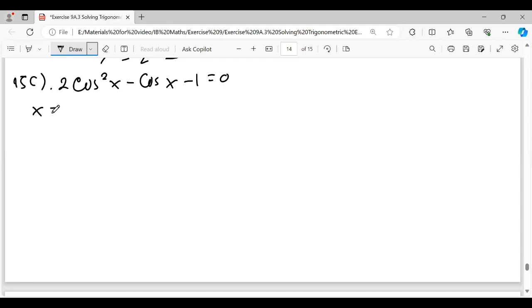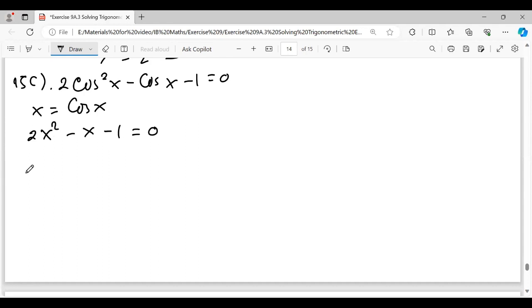If x equals cosine x, this equation we can simplify, becomes 2x squared minus x minus 1 equals 0.